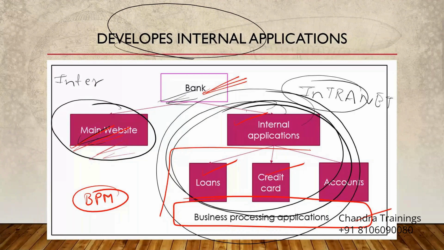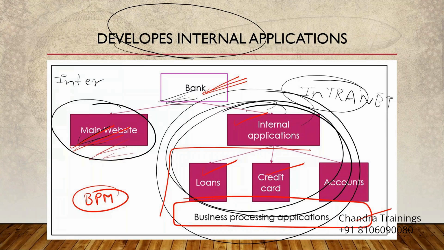If I wanted to develop facebook.com, the Facebook main website, 100% it will not be developed with Pega. Within Facebook there will be internal applications, right? Maybe salary management, there should be one application. Maybe something related to a cab request application.